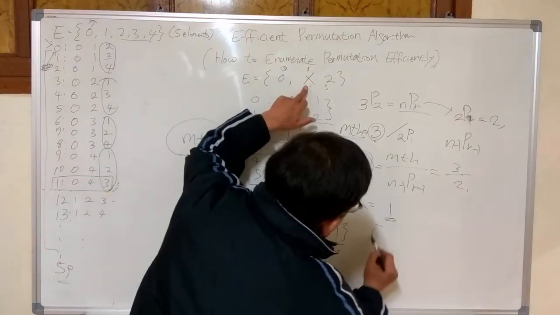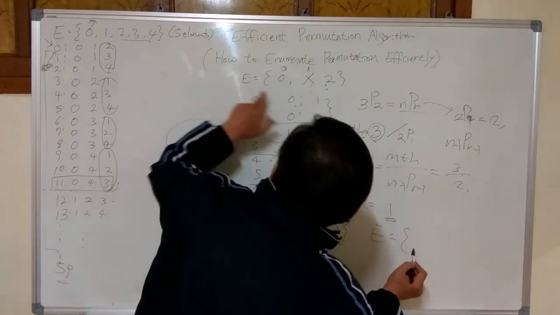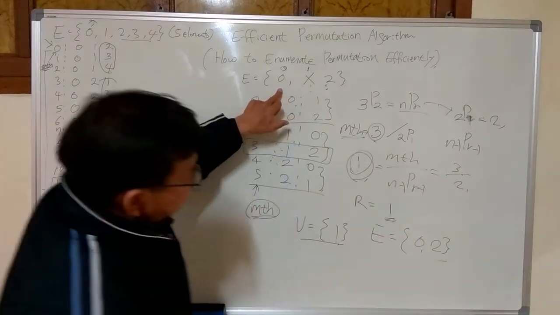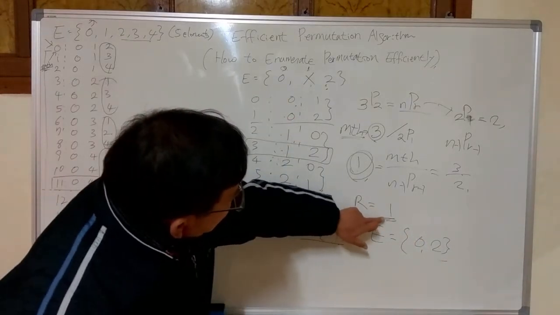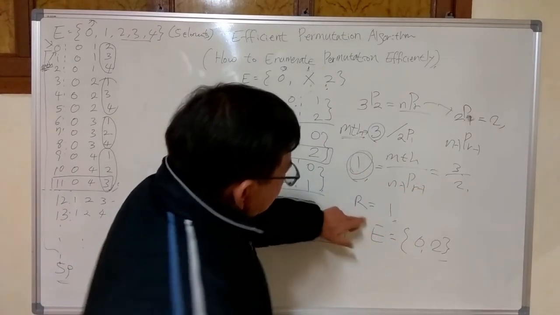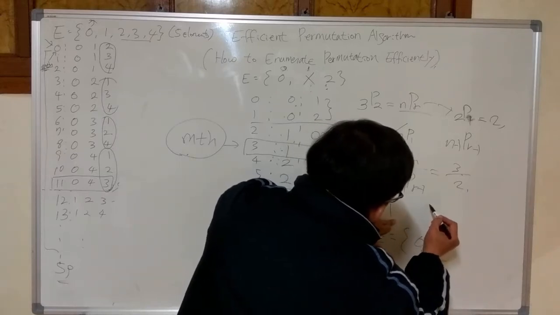Now the set becomes like this, 0, 2, right? Now the remainder is 1 here. Now we are dividing and taking the quotient again.